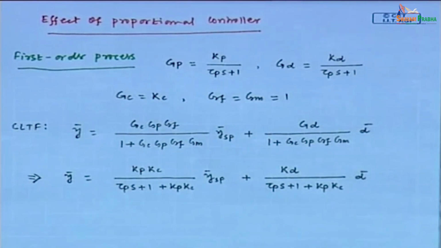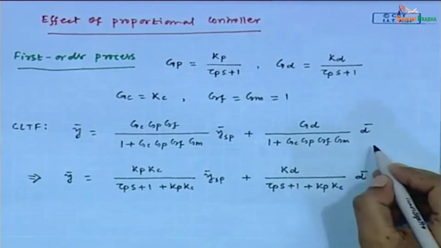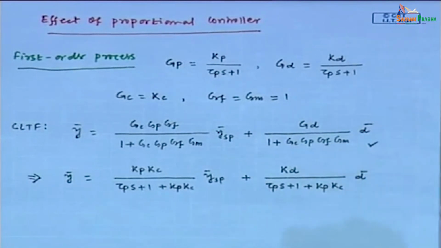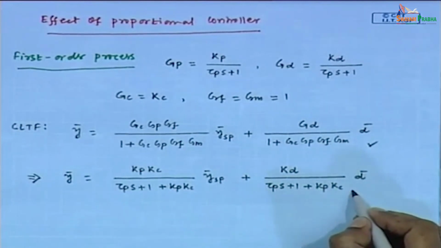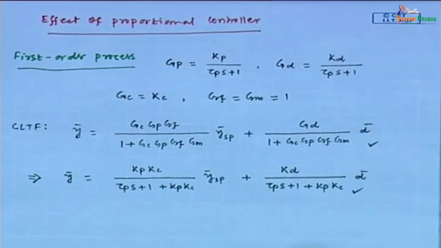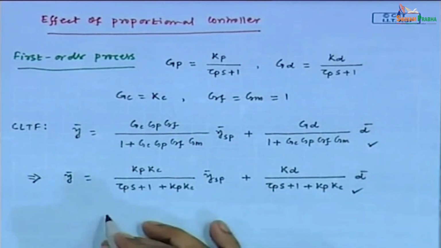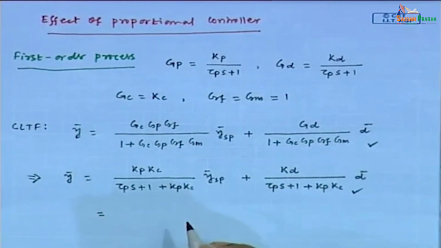Substituting all individual transfer functions in this generalized closed loop transfer function, we obtain the closed loop transfer function for the first order system in this form.